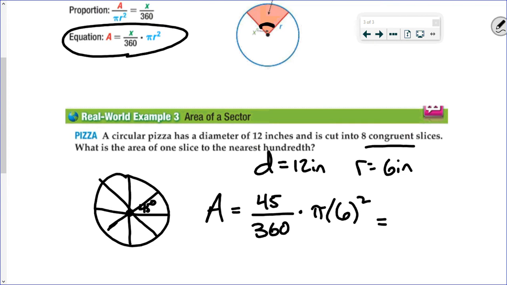So 45 over 360 times pi times 6 squared, which is 36. That's 14.137. To the nearest hundredth, that's 2 decimal places, so we round to 14.14 inches squared.